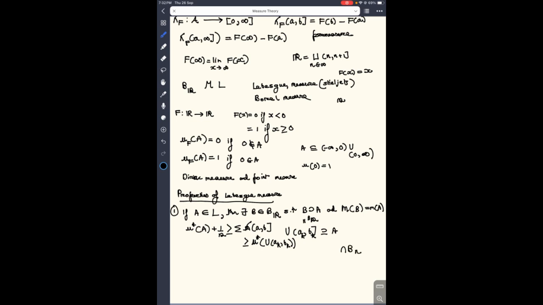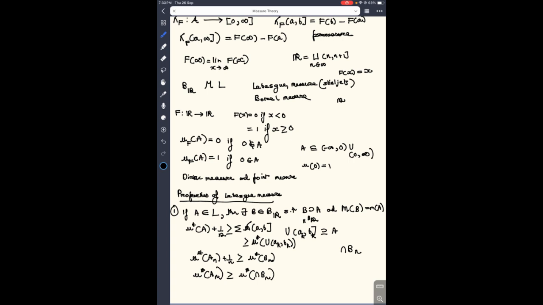So every B_n satisfies mu star of A plus 1 by n is greater than or equal to mu star of B_n. Then it follows mu star of A is greater than or equal to mu star of the intersection of B_n, because it is smaller than every 1 by n. And the other side is also trivial because it contains the other thing, by monotonicity.